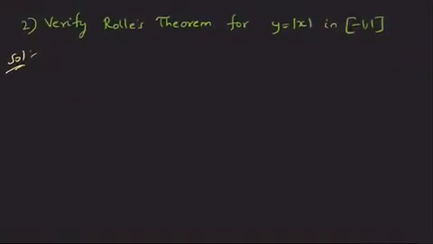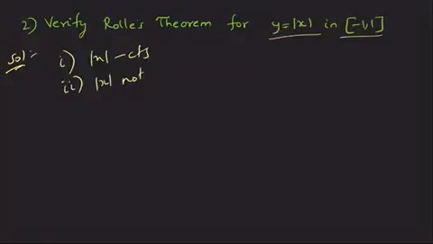It says, verify Rolle's theorem for y equals mod x in the closed interval minus 1 to 1. First things first, let us check the condition for continuity of the function. Of course, we know that mod x is continuous over the entire real line. Next, let us check the differentiability. We know that mod x is not differentiable at x equals 0, and 0 lies between minus 1 and 1.